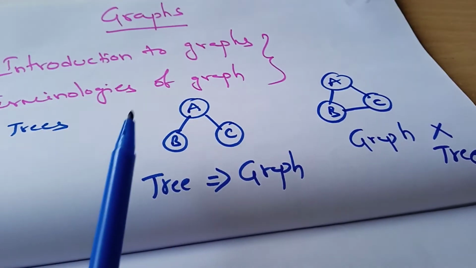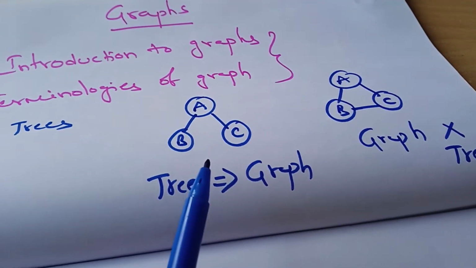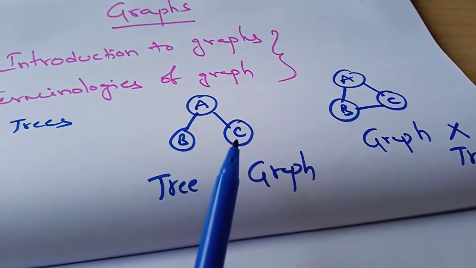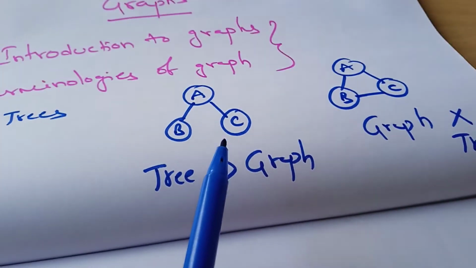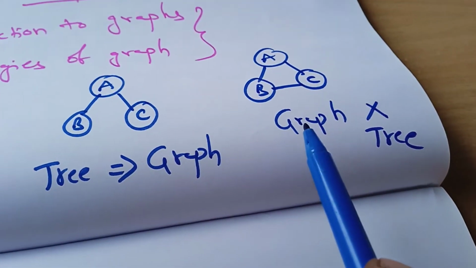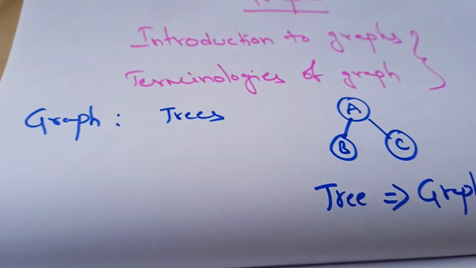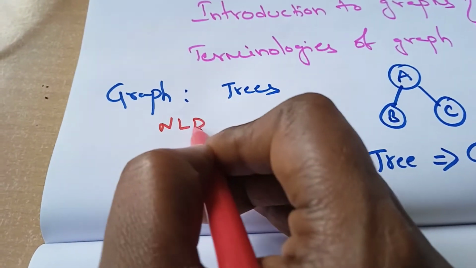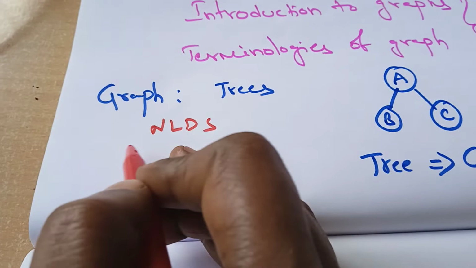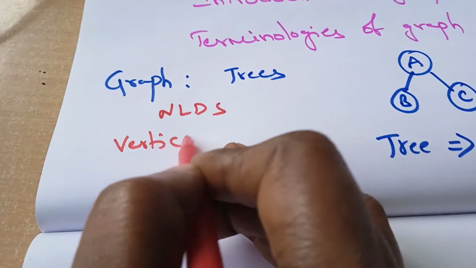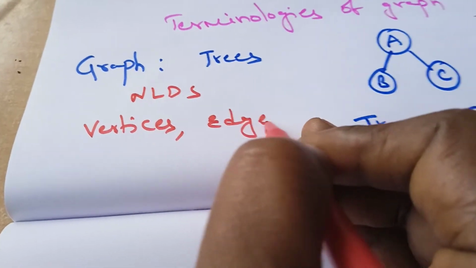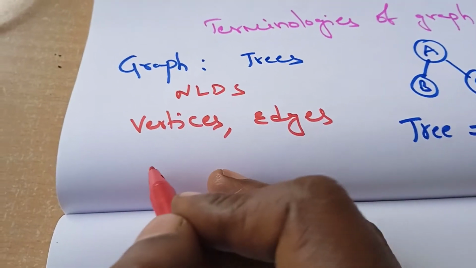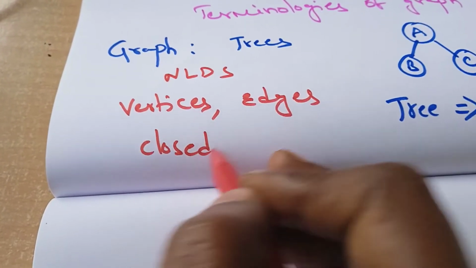A tree is a nonlinear data structure in which the elements are arranged in a hierarchical fashion without a closed surface. This is the tree definition, right? And look at this. A graph is a nonlinear data structure that consists of vertices and edges, and the construction of a graph may be in a closed surface.